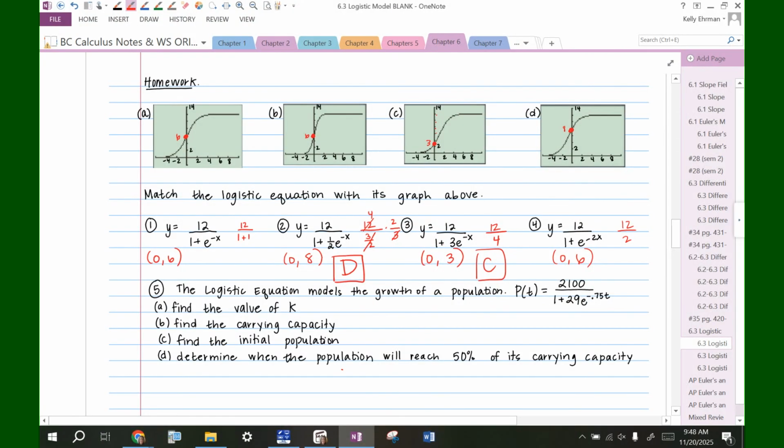So how do you know the difference between which one is A and which one is B? If I look at the two graphs, B looks like it's gone through a horizontal shrink because the slope is more steep, or these points are kind of scrunched together horizontally, for lack of a better term. And remember back to your transformations days of Algebra 2 and pre-calc, the only difference between the two equations is whether it's e to the negative x versus e to the negative 2x.